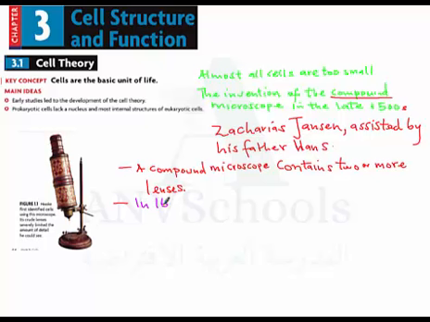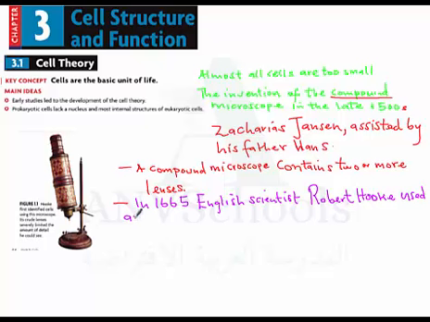So in 1665, an English scientist, Robert Hooke, used a three-lens compound microscope.